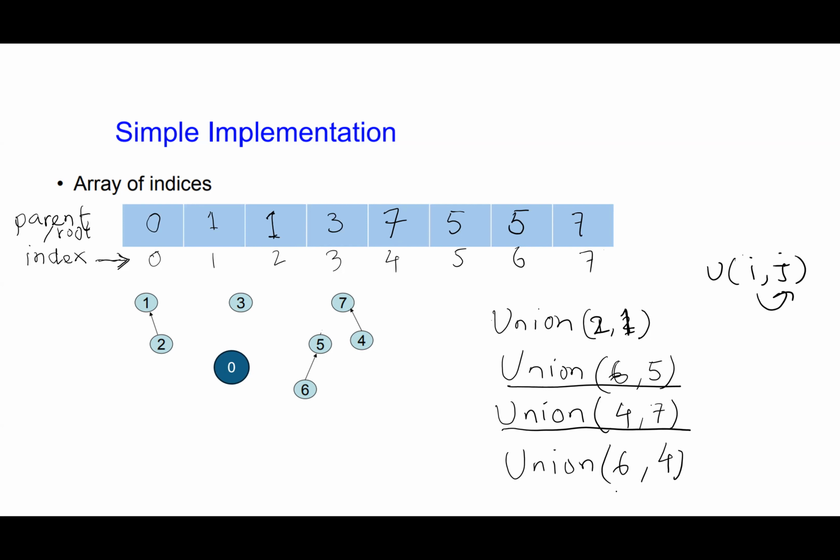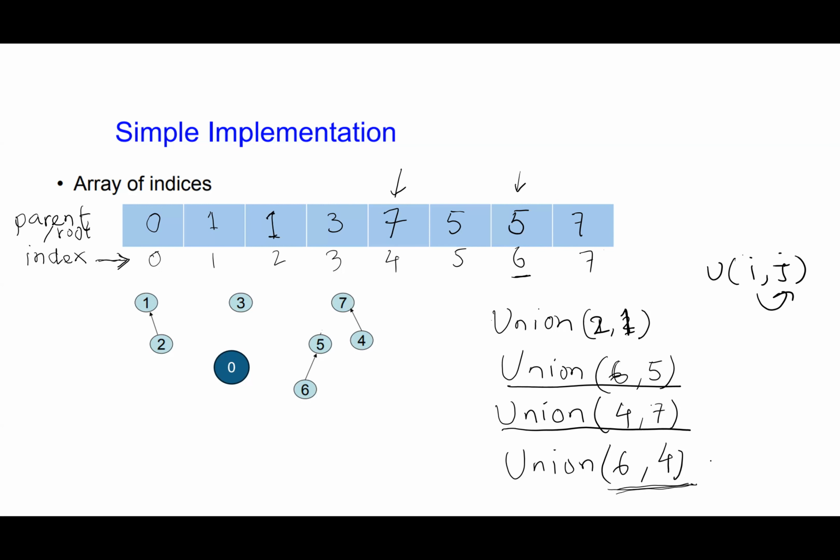Next, union of 6 and 4. Now you see, if I do a union on 6 and 4, if I go to 6, the representative is 5. And for 4, the representative is 7, right?